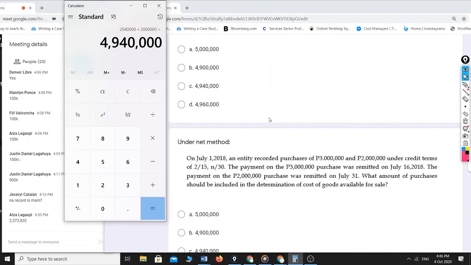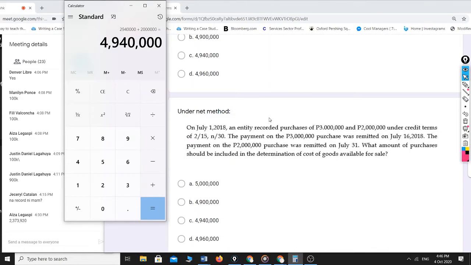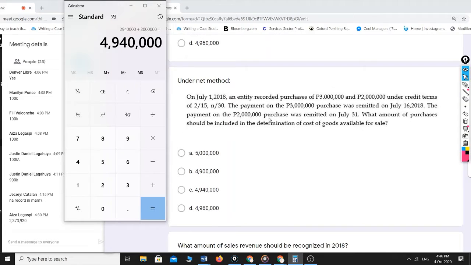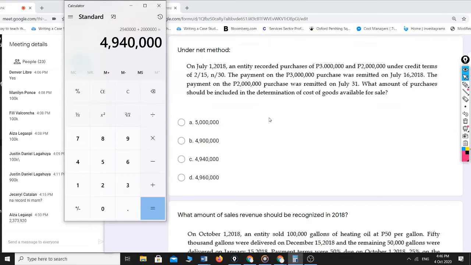But if the company employs the net method, so unsaon man ni? If mag-journalize si company, iyang gamiton is the discounted amount. So, ang discounted amount sa 3 million, kung nakuha na siya 2%, is just 2,940,000 na lang.